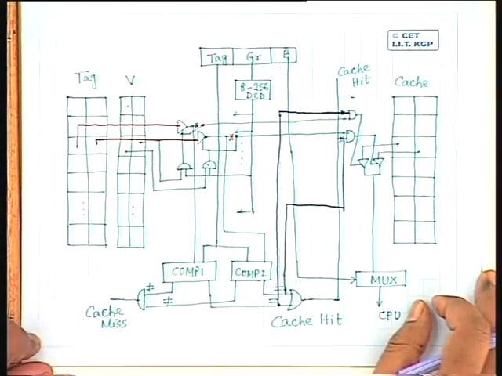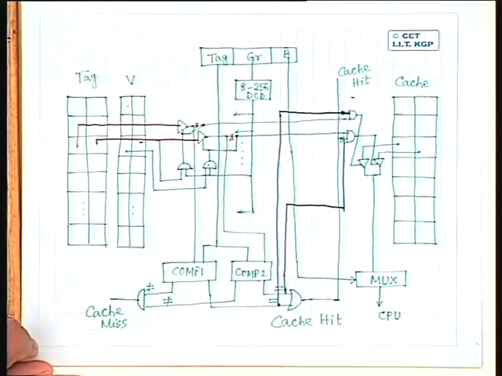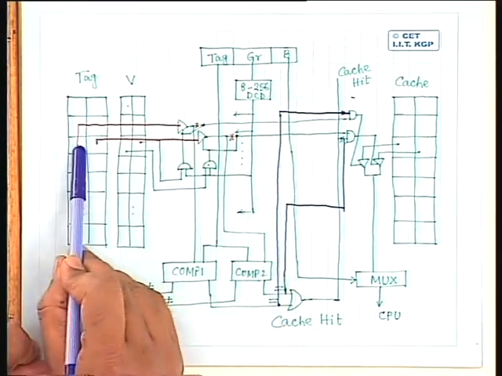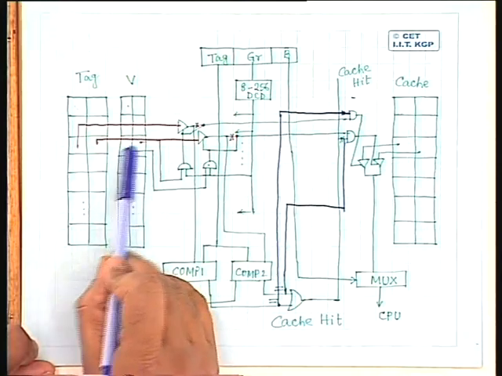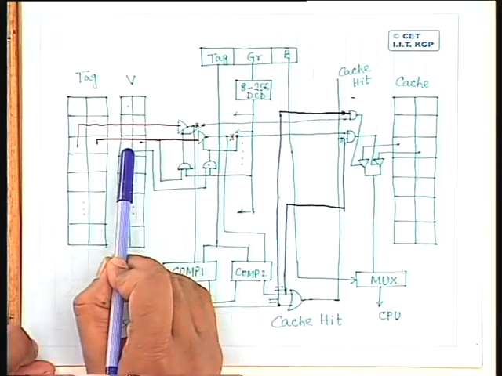Because if the chunk of memory is available, then it will not store the same thing. See, as he has pointed out, and it is right, both the tag memories can contain some valid tag value, in which case both the valid bits will be equal to 1.